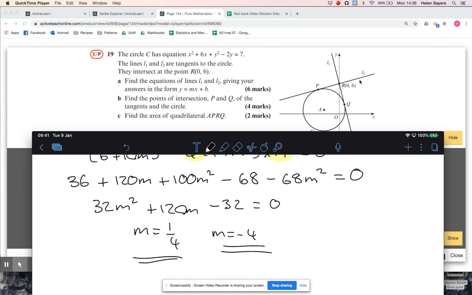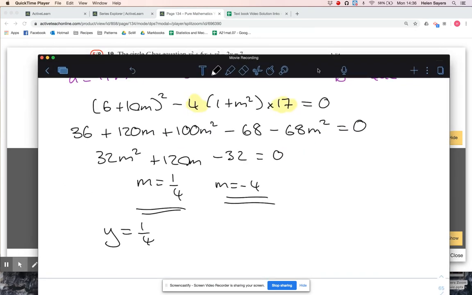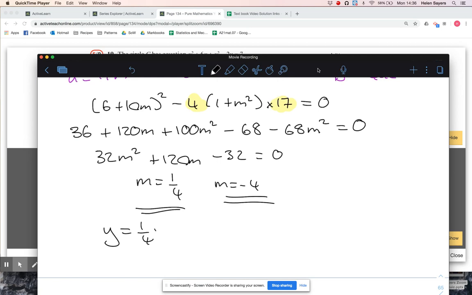So line 2 will be the one with the gradient of a quarter, so a positive gradient but not very steep. And line 1 would be the gradient of minus 4. So we'd already said that they both had a y-intercept of plus 6. We had to use that in our working. So my equations are going to be y equals a quarter x plus 6, and y equals minus 4x plus 6.